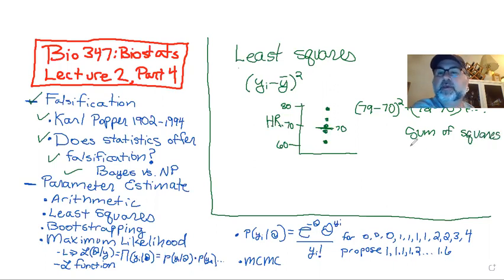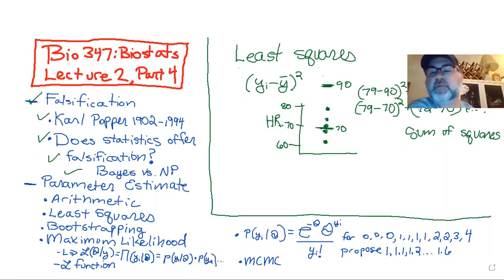And what the least squares method will do is it'll find the value of a mean that minimizes the sum of squares, okay? So for these data, let's pick an absurd mean, right? Let's say 90, right? So now you have 79 minus 90 squared plus 72 minus 90 squared, and so on.